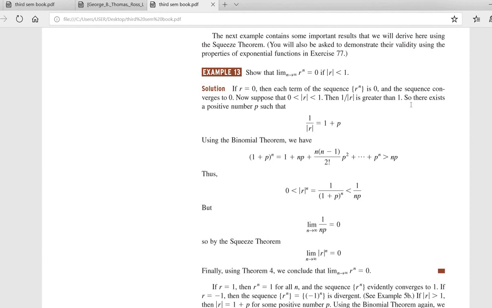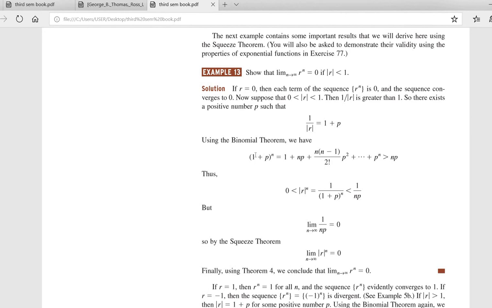Suppose it is 1.5, so I can write this as 1 plus 0.5. That 0.5 is the p, right? If it is 2.7, then I can write this as 1 plus 1.7. 1.7 is the positive number.